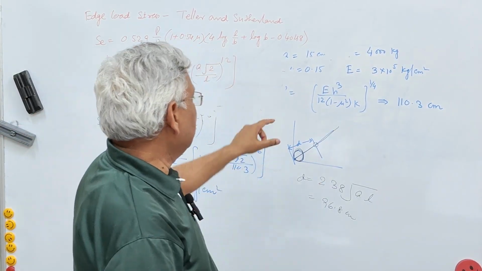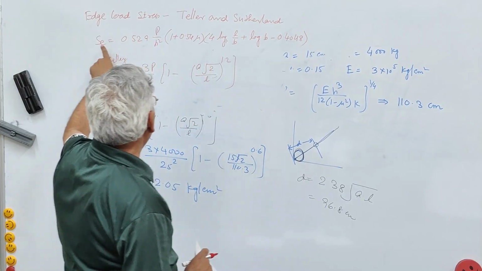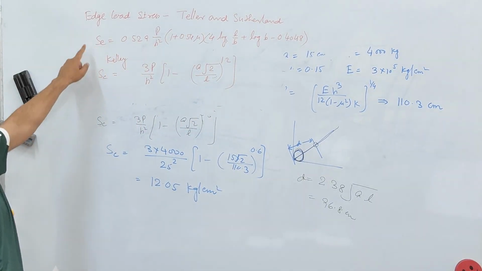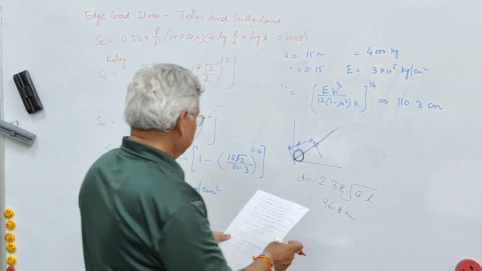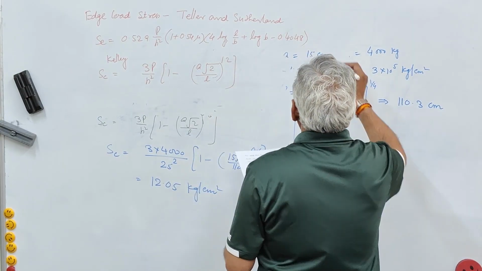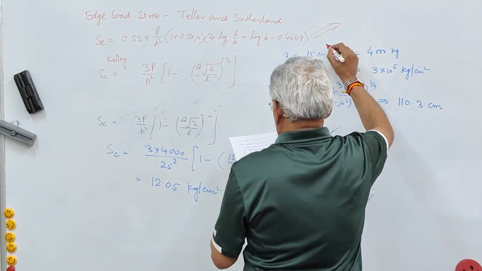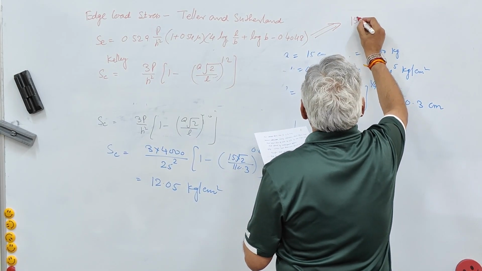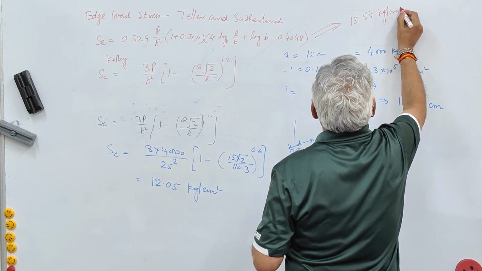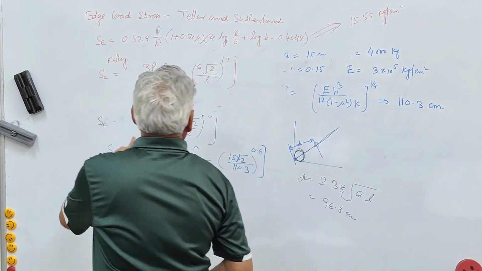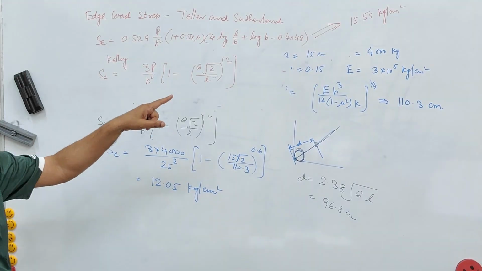And if you again take the same example and find out what is the edge stress and corner stress by these two new equations, you will find that this is now 15.57 kg per centimeter square. Earlier this value was 14.22 kg per centimeter square.